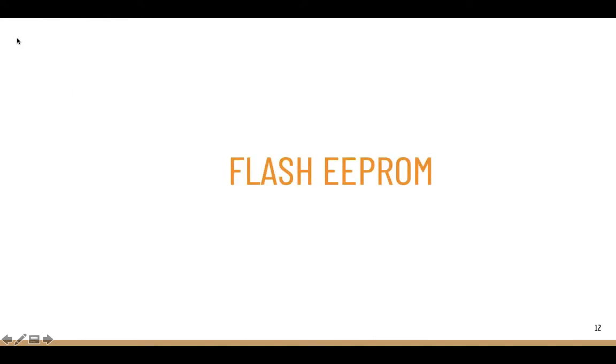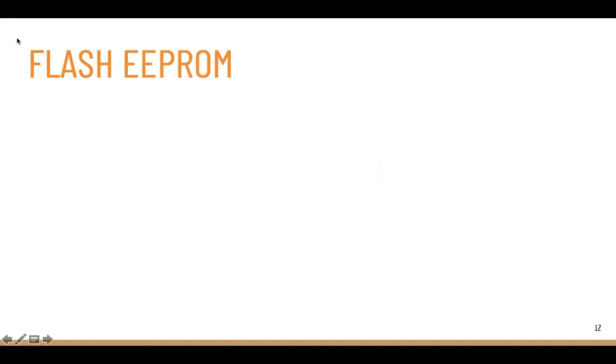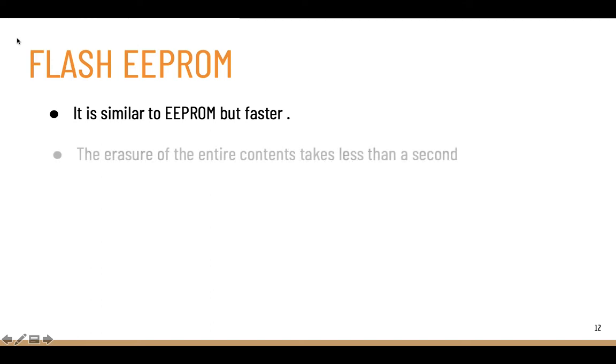Next, let's go to flash EEPROM. What is it? It is similar to EEPROM but faster. That means the mechanism of flash EEPROM and EEPROM is the same, but flash EEPROM is faster as compared to EEPROM. The erasure of the entire contents takes less than a second.